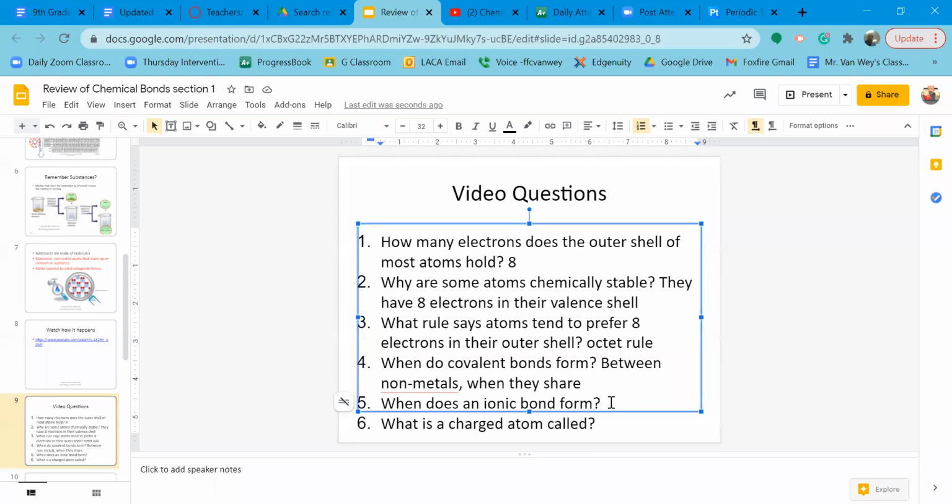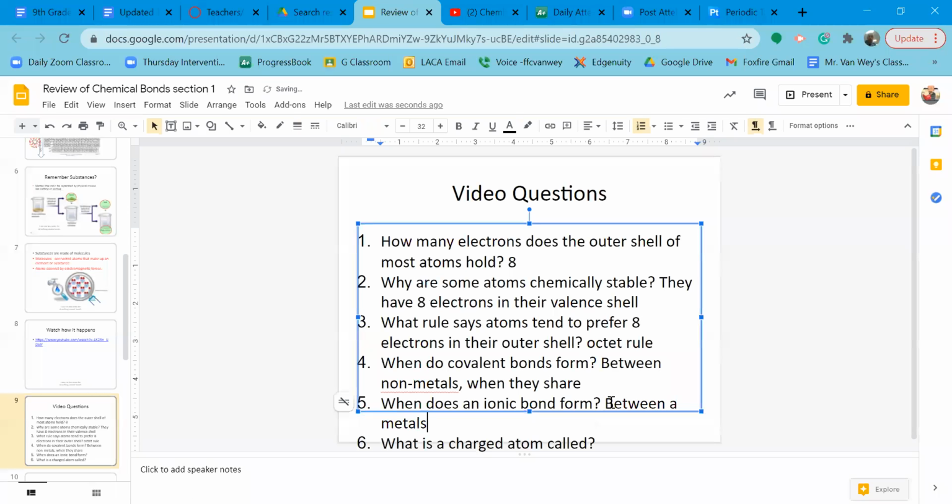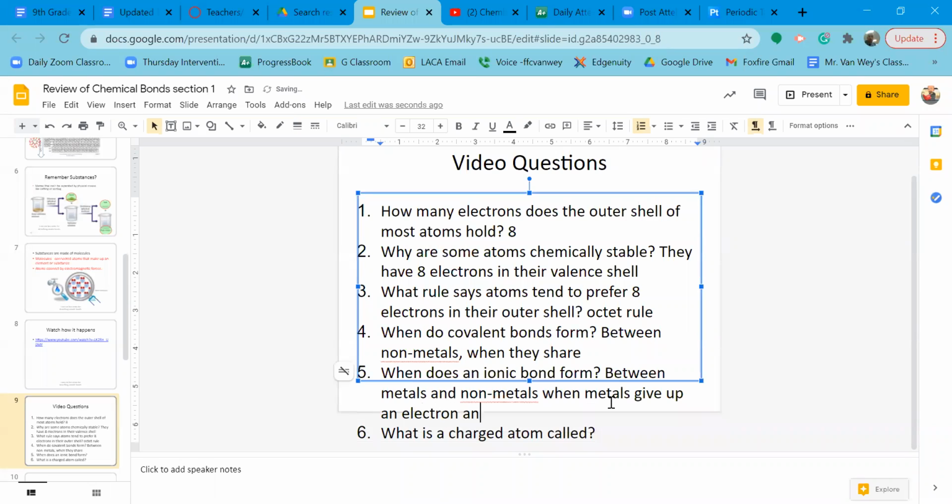An ionic bond forms between metals and nonmetals. And metals give up electrons.